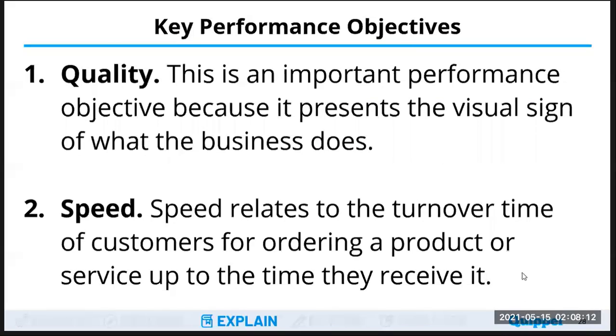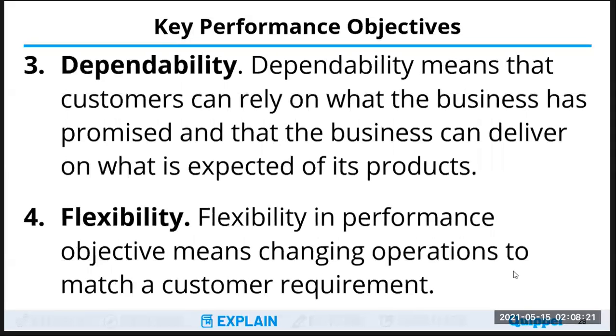Speed. Speed relates to the turnover time of the customer from ordering a product or service up to the time they receive it. Dependability means that the customer can rely on what the business has promised and that the business can deliver on what is expected of its products.